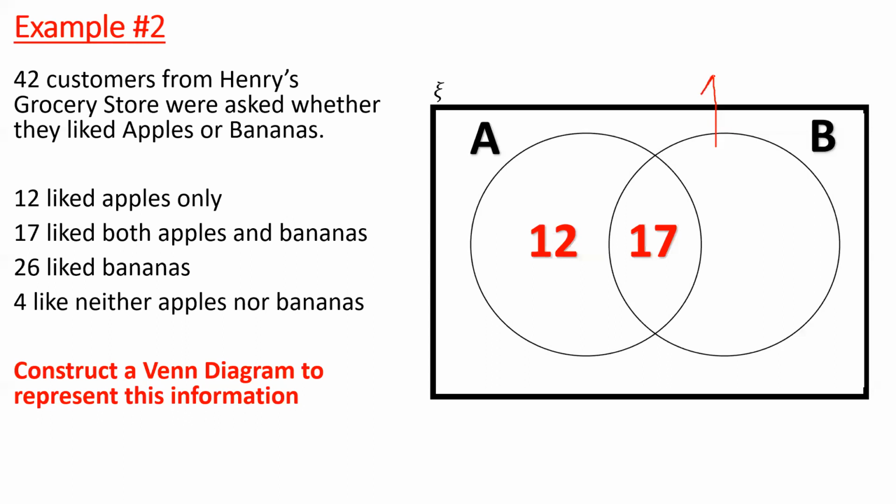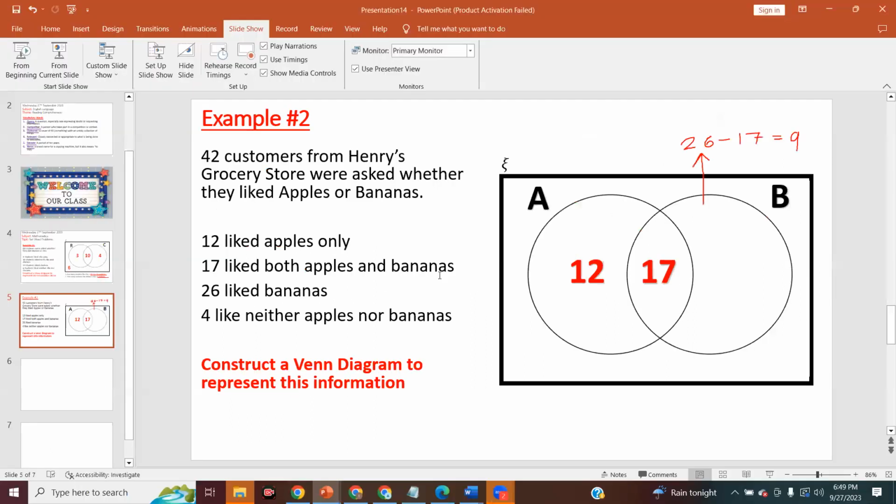Okay. So it's 26 minus 17, which gives you what? 9. So that's our answer.